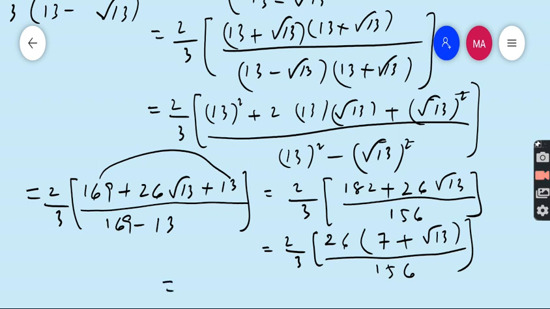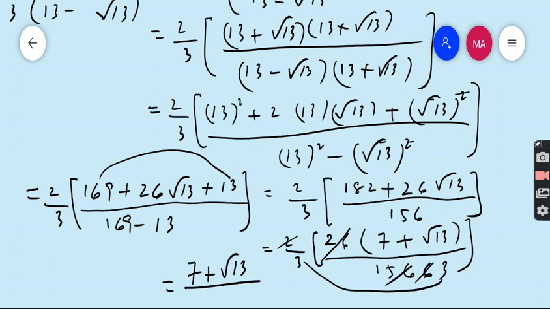And 26 sixes are 156, and 2 threes is 6. So the final answer is 7 plus root 13 upon 3 times 3, which is 9. So this is the final answer.